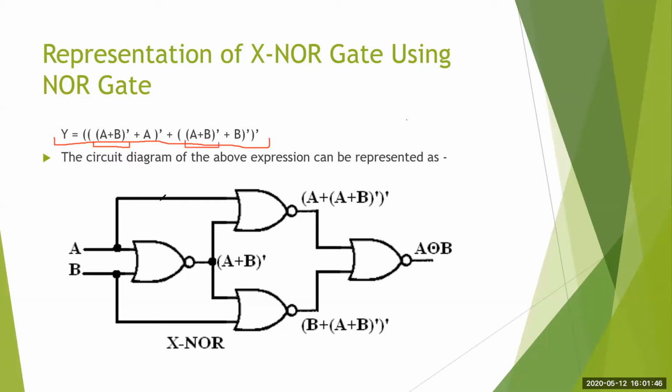And then if we apply A and a plus b complement in another NOR gate, we can get a plus b complement, then this whole complement as output. And then if we apply B and a plus b complement as an input to another NOR gate, we can get this term as an output. And then if we apply this term and this term as an input to another NOR gate, we can get A XNOR B. This is what we wanted to derive.